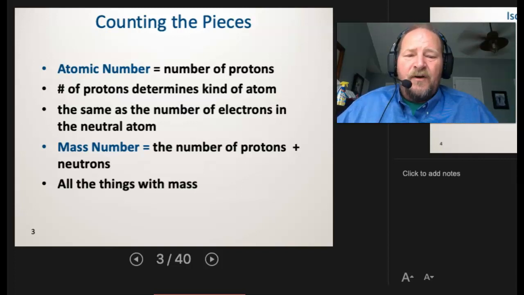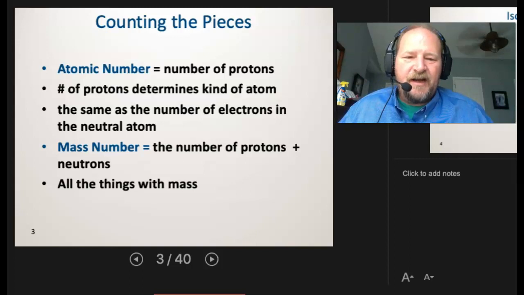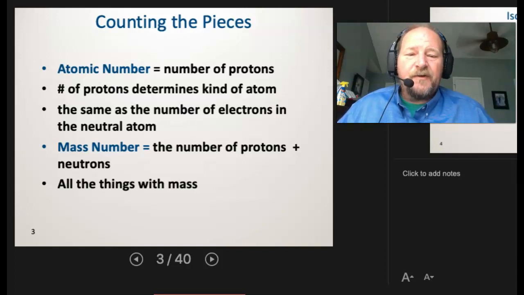Now, again, when we look at the periodic table, there's mass numbers on the periodic table. You'll notice those are decimal points. For right now, I want you to ignore the decimal points, right? Because if I take two whole numbers and I add them together, I do not get a decimal point. I get another whole number. And so when we're dealing with mass numbers on our first assessments, it's always going to be a whole number.